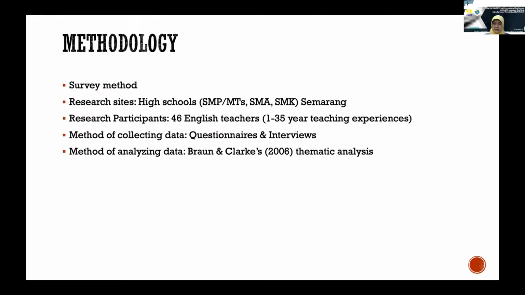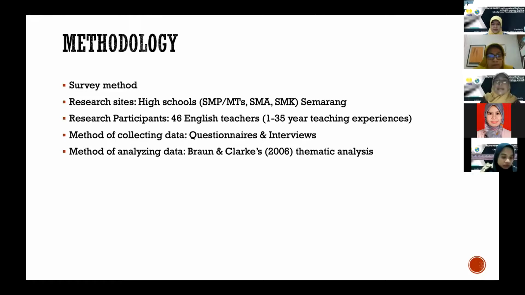Okay, and then this is the methodology. This is a survey method, and it took place in high schools, SMP, MTs, SMA, SMK in Semarang, both Kota Semarang and Kabupaten Semarang. I involved 46 English teachers with 1 to 35 years of teaching experience.